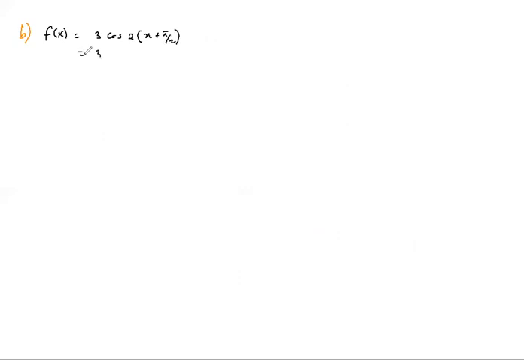So the first thing here, to avoid changing anything, is to multiply these two inside like that, especially for the period. The amplitude is 3, the vertical shift is 0, and for the horizontal shift, 2x plus pi is 0, giving x is negative pi over 2.